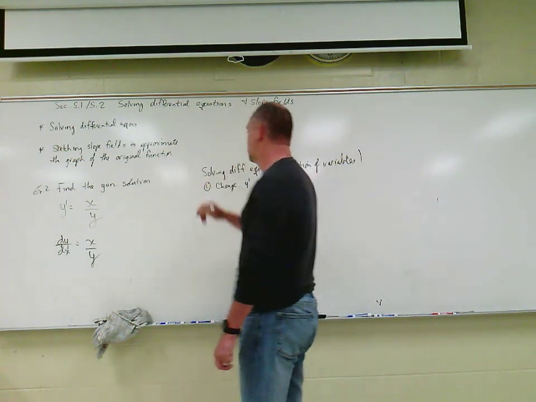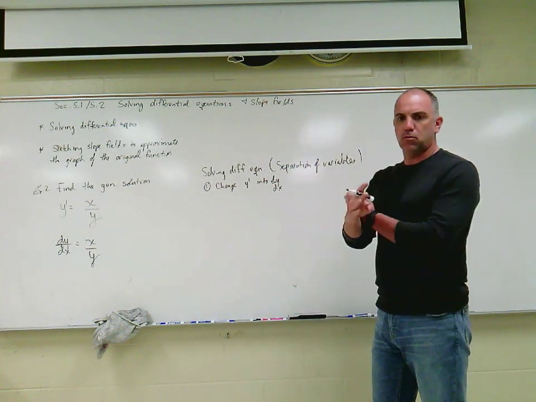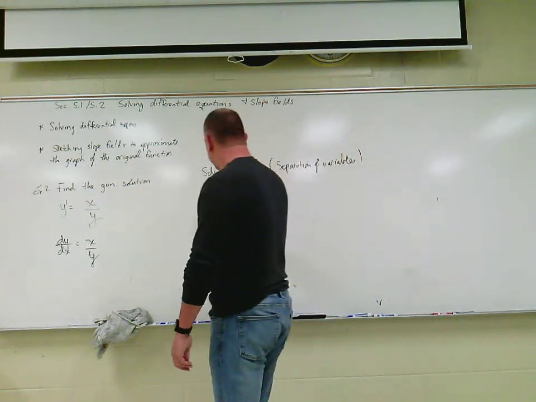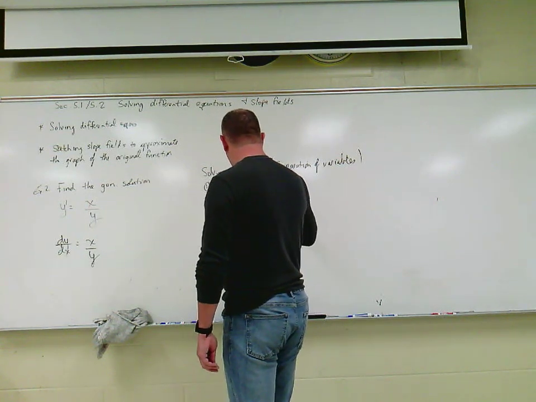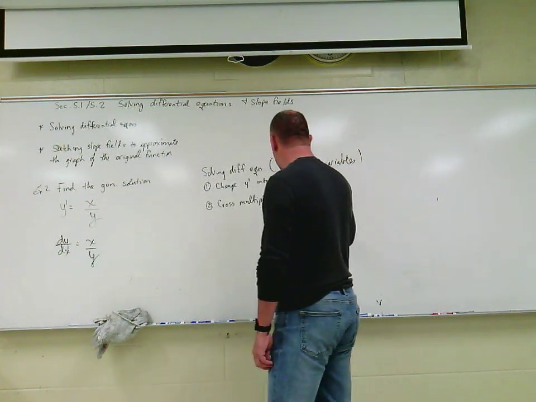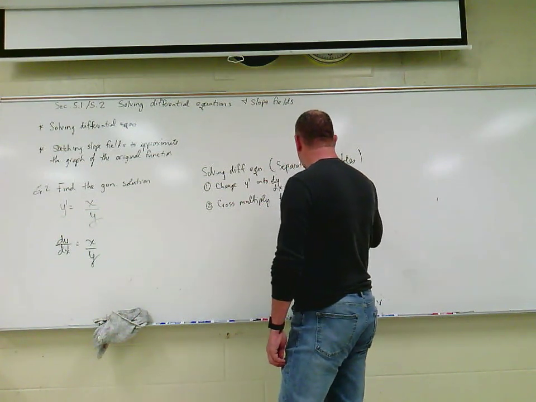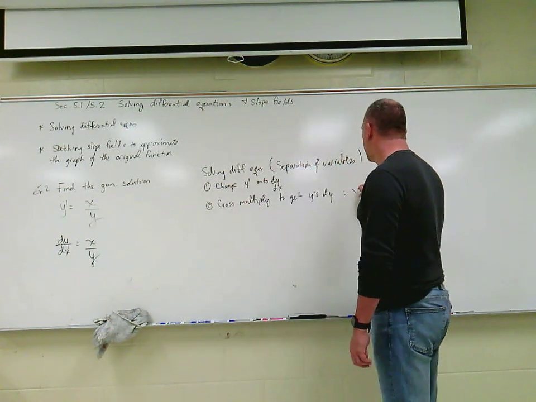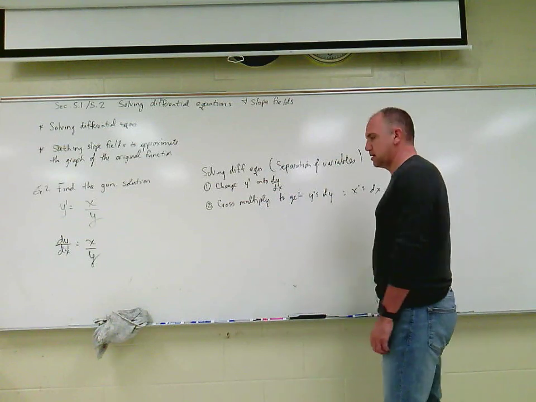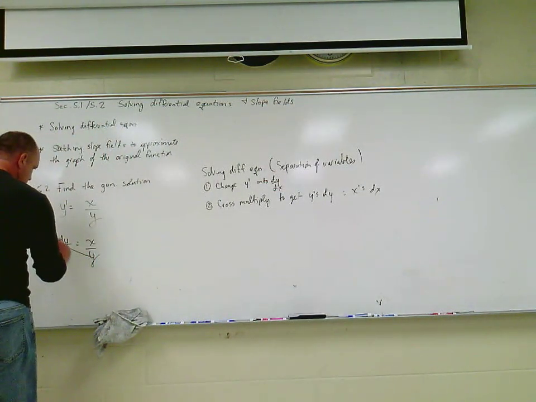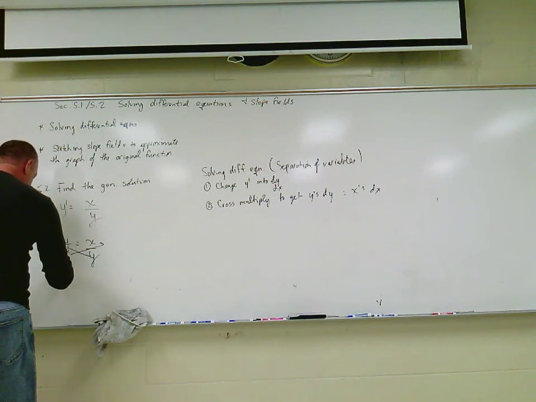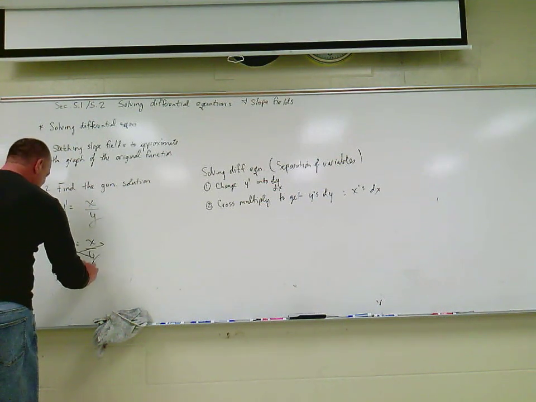That's it. That's the first thing. Then I'm going to cross multiply to get y's with dy and x's with dx. Okay? So if I cross multiply, y goes up, dx goes there, I get y dy equals x dx.